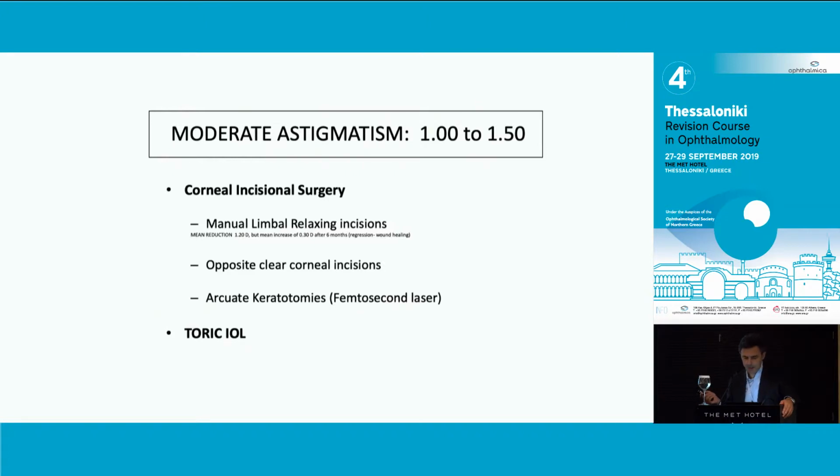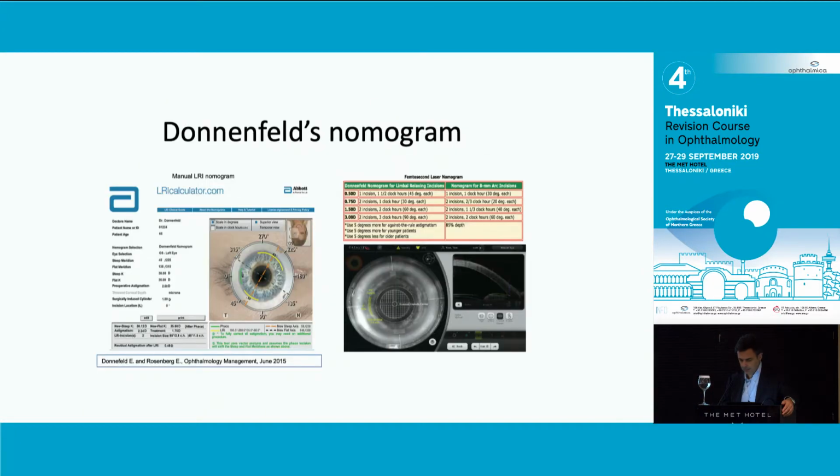Moderate astigmatism, well, you've got several choices. You can think about corneal incisional surgery, and they all work pretty well, or toric lenses. In terms of corneal incisional surgery, if you want to have a rough idea of how big your incision needs to be, you can use the Donnenfeld nomogram. There is one for limbal relaxing incision or arcuate keratotomy, and there is another one for femtosecond laser arcuate keratotomy.